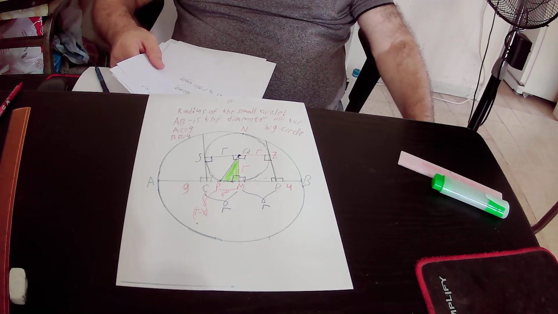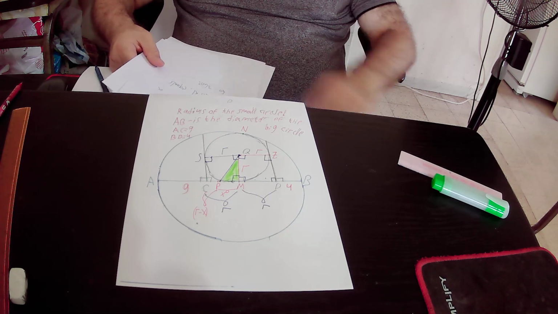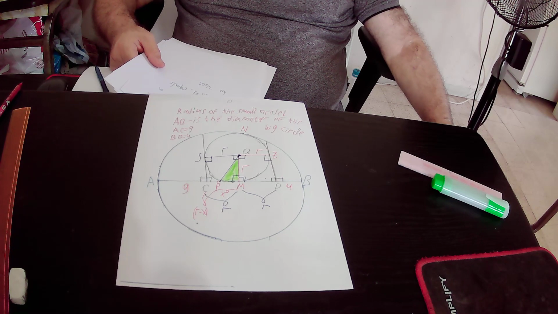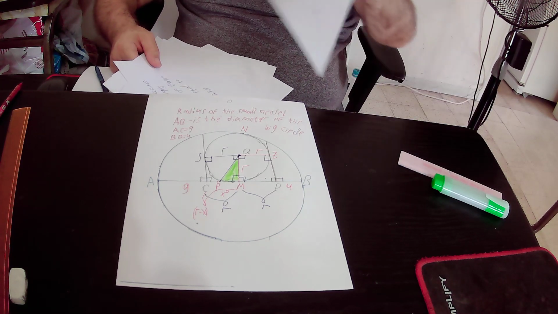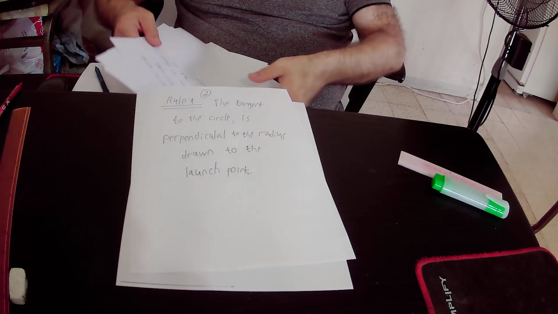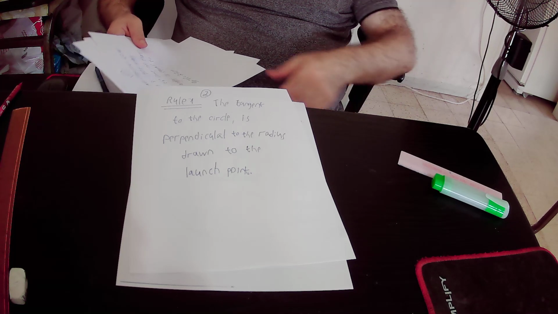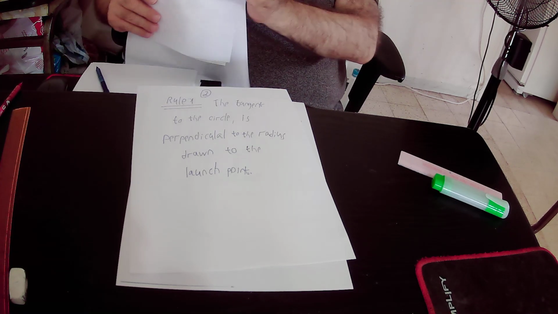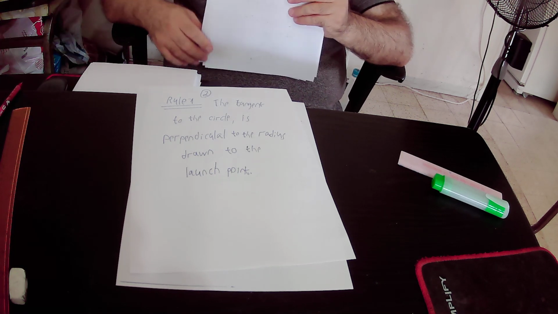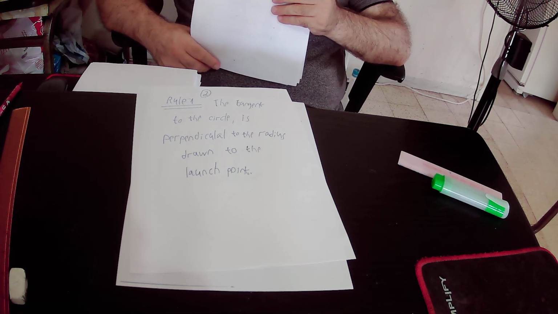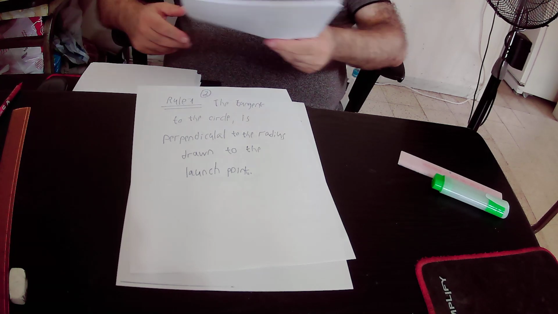Okay, so we have a rule, that is rule number 1. According to rule number 1, the tangent to the circle is perpendicular to the radius drawn to the touch point.